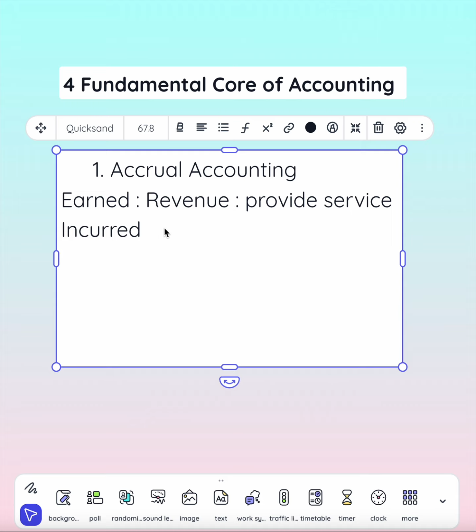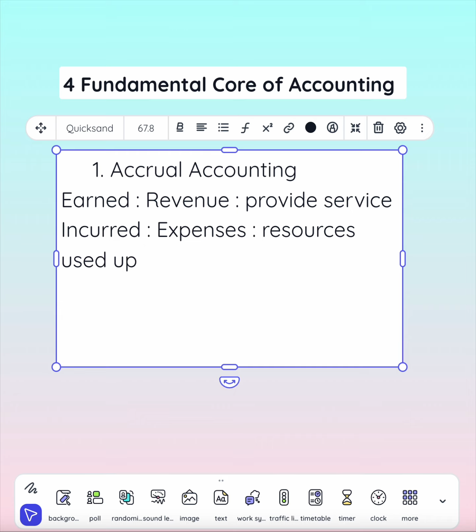Okay, so this is revenue. And incurred are the expenses, for example resources used up, even if the payment is later.